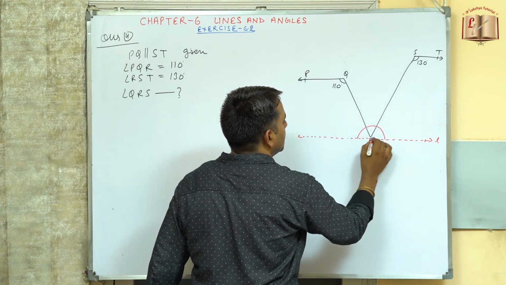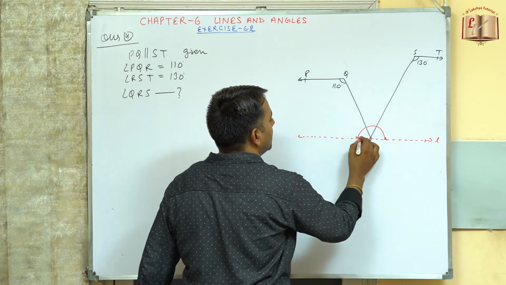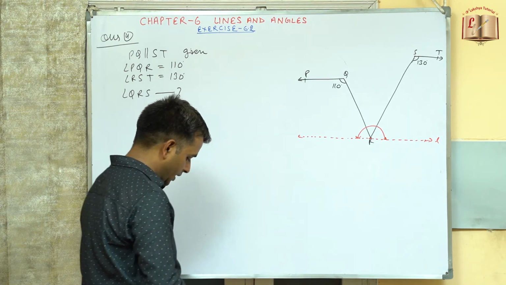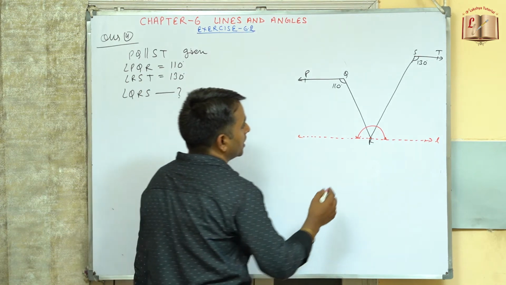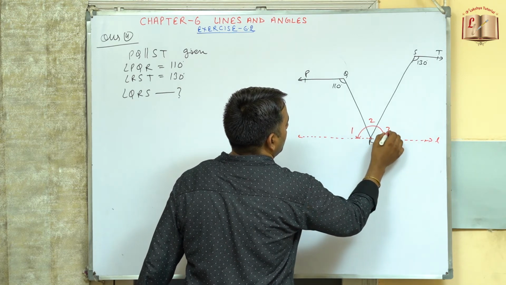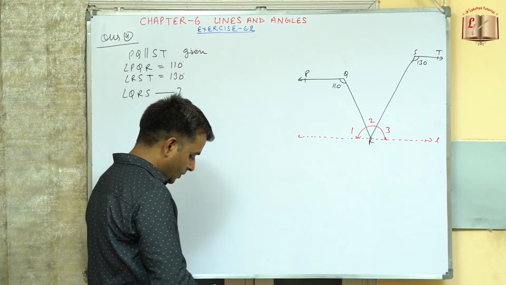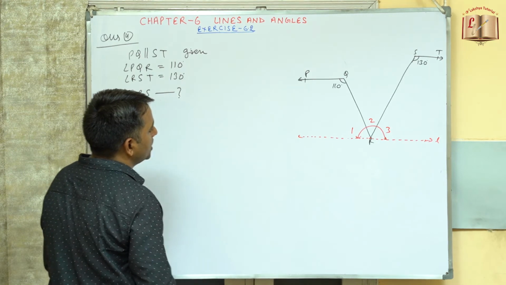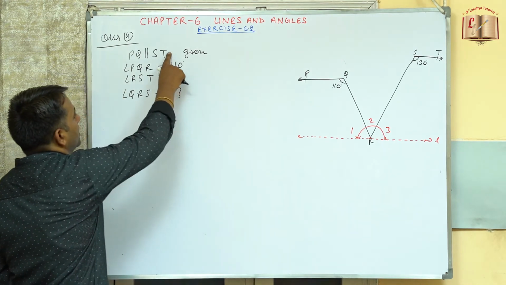For here this line, this complete angle will be a linear pair. We can write down the angles also here. So this will be 1, 2 and 3. Now see that PQ is parallel to ST, already given.